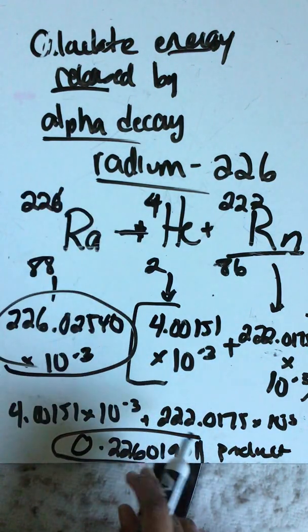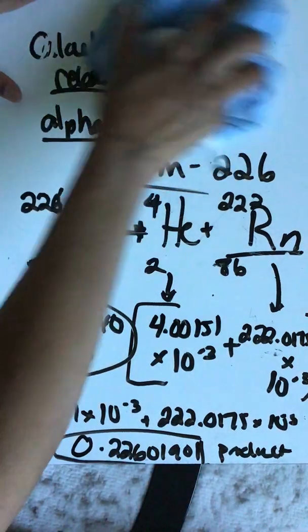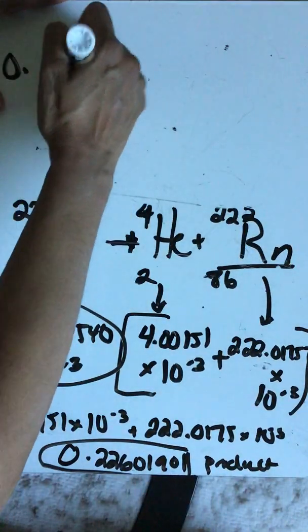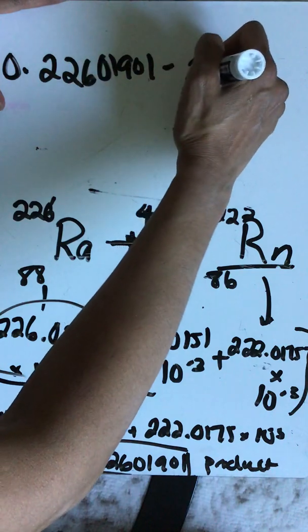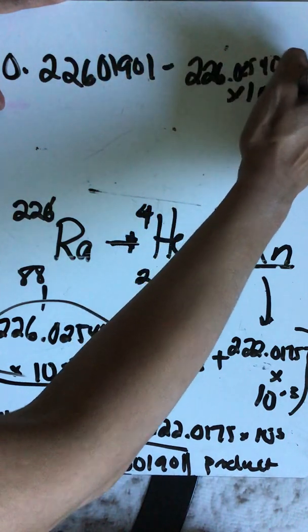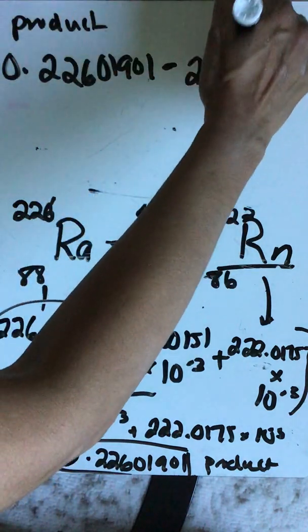So you've got to subtract the reactant from the product. The product was that number that we found, 226.01901, minus the reactant, which is 226.02540 times 10 to the negative 3. Okay, so this is the sum of the product minus the sum of the reactant.